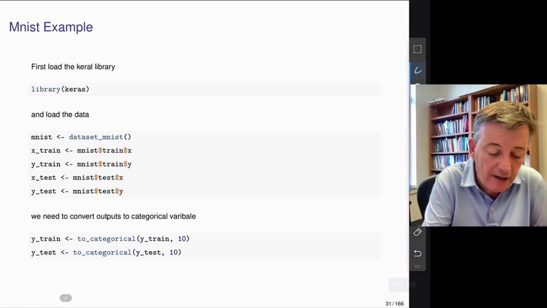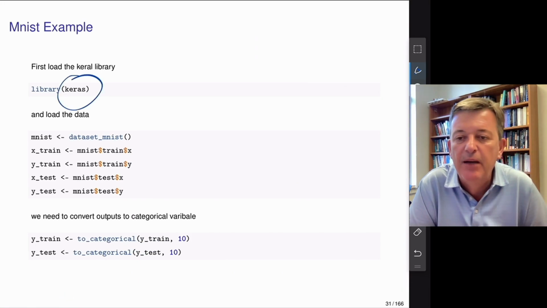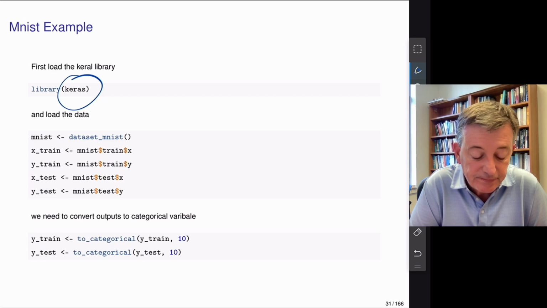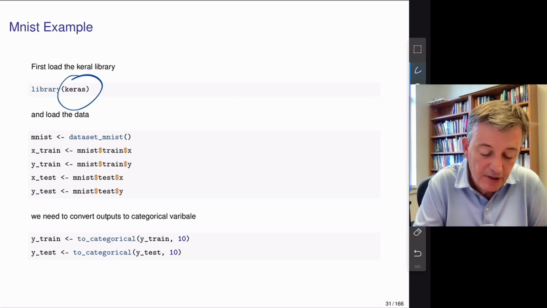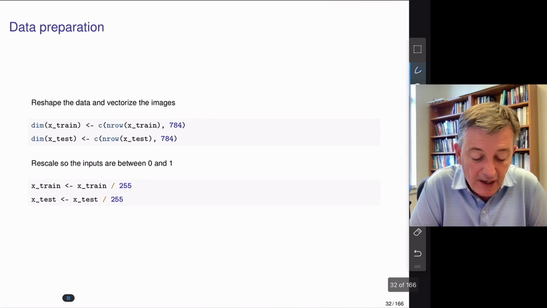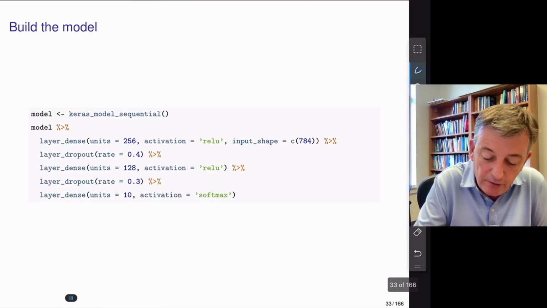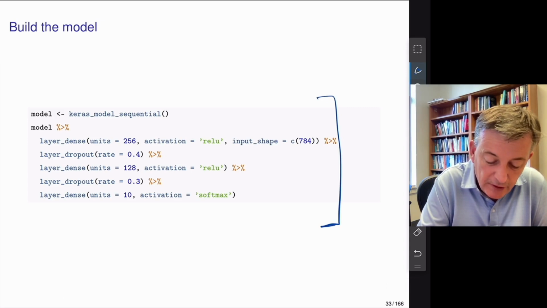What would it look like in R? There's a very nice library that people have written called Keras. There are plenty of books nowadays entitled with names like Deep Learning with Python. So you load Keras, load the data, do a little bit of data preparation. Then you build the model. What do I mean by build the model?